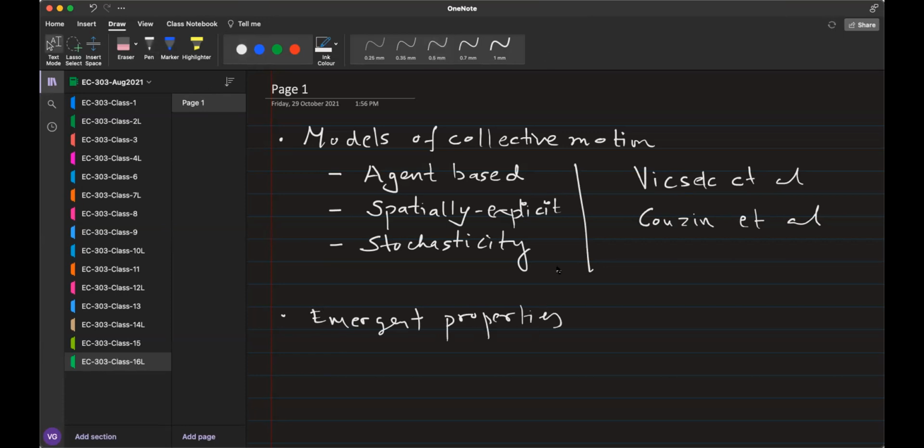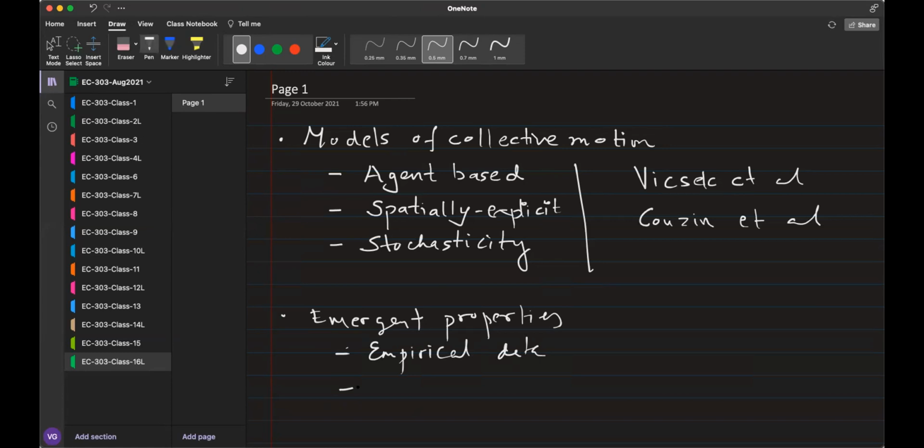We discussed the idea of emergent properties in the context of collective motion, and I gave some examples of how to make inferences about group behavior, or to characterize group behaviors, based on the observations that one makes. So it was done using examples of empirical data.